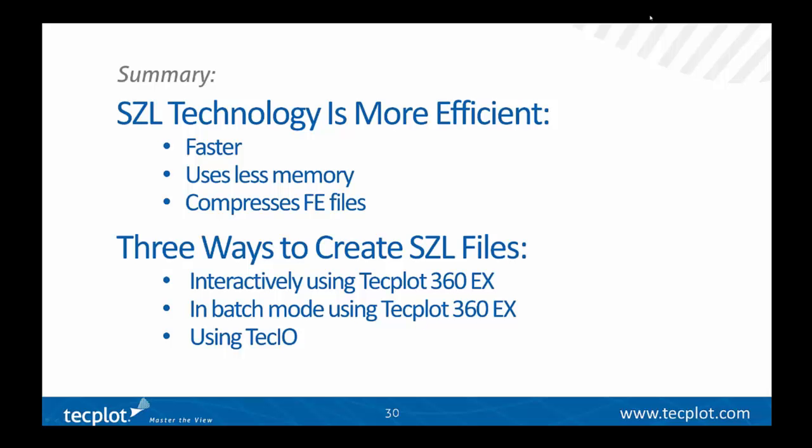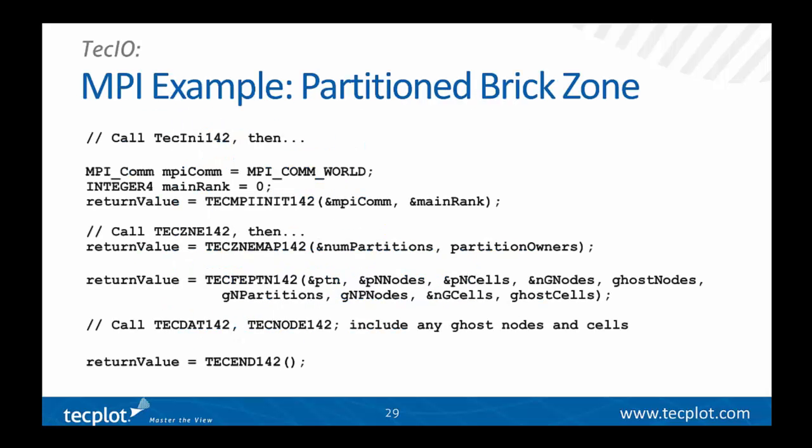I should say a word about ordered data. I just covered this finite element MPI example. I am currently working on partitioned ordered output for our TecIO MPI library. So any beta that you've downloaded recently won't have that feature. However, it will be supported soon.